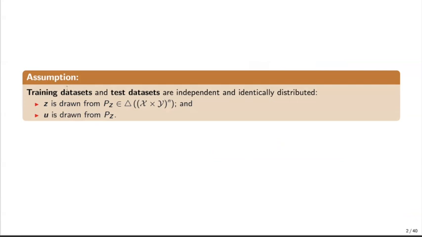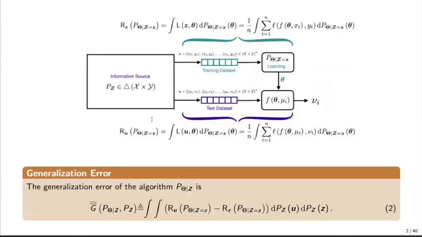For instance, here I'm choosing as the distribution of the data set this PZ with Z in boldface, right? So if we admit that, we can take the expectation of that difference of errors, and this is exactly what we understand as generalization error. All right.